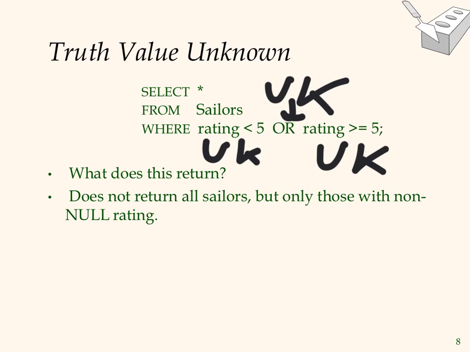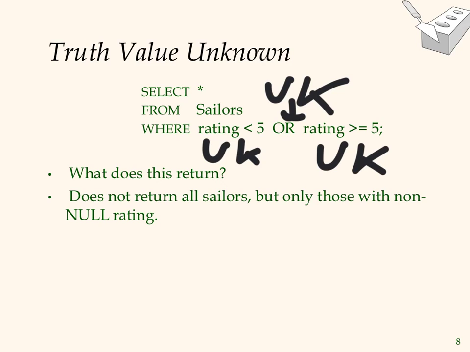And so that means that for a sailor whose rating value is null, the where clause evaluates to unknown. And SQL does not return a sailor whose where clause evaluates to unknown. It returns only the tuples whose where clause evaluates to true.